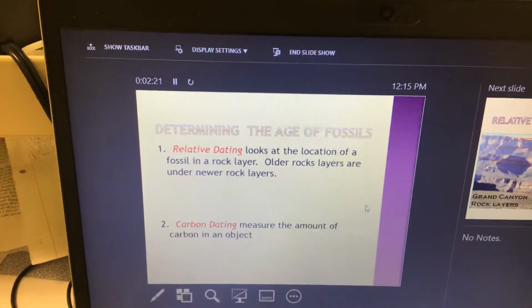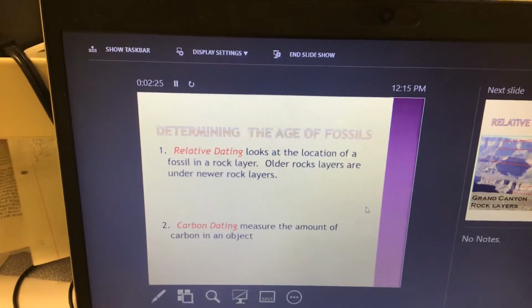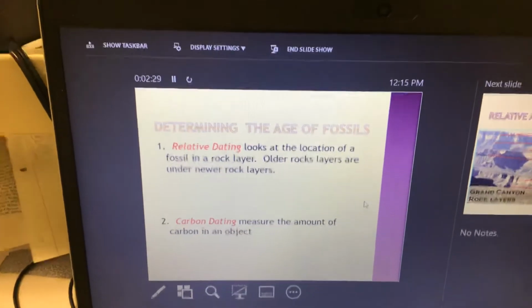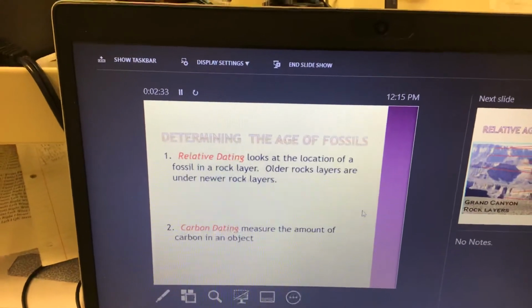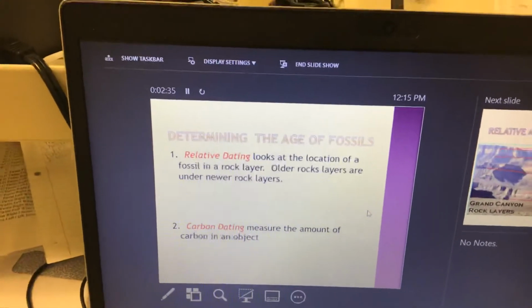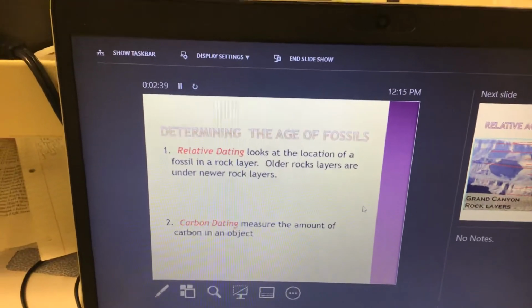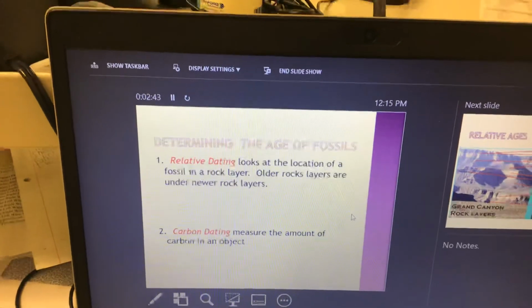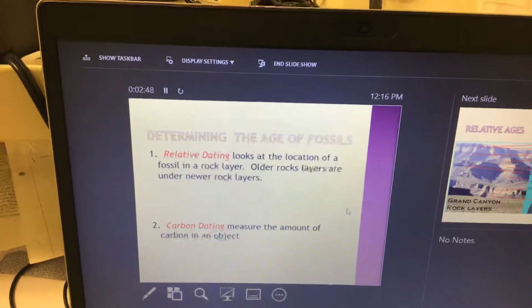The second one is carbon dating. You measure the amount of carbon in something. Most living things, all living things, are made up of a large amount of carbon, okay? And as things decay, the amount of carbon goes away. So when you die, if we measure your carbon, you would have 100% of the carbon you're supposed to have.